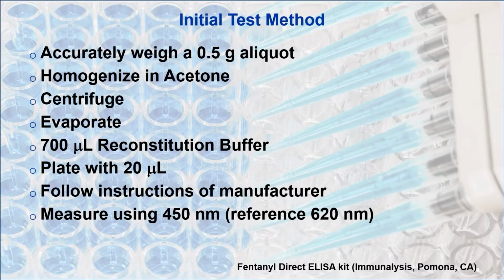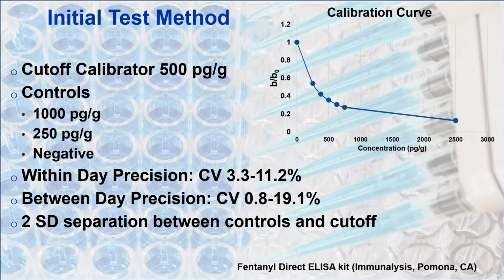It's homogenized, centrifuged, evaporated, and reconstituted in a buffer that comes with the immunoassay kit. We plate it using 20 microliters, and we follow the instructions of the manufacturer. The validation experiments demonstrated acceptable within-day and between-day precision, and we also demonstrated 2 standard deviation separation between our controls and the cutoff.